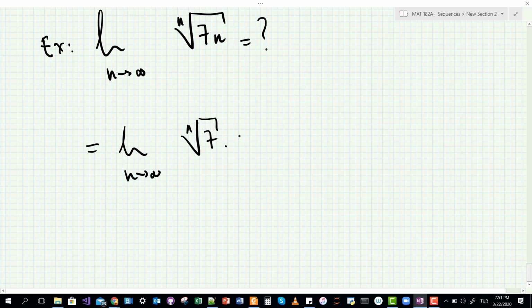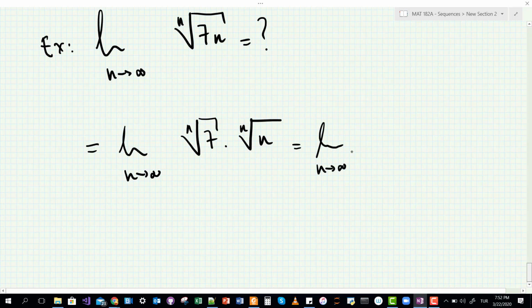Can I separate these terms in this way? Yes, of course. And mainly the limit theorem gives me some idea, right? Since I can separate these two terms, then I can take the limit.